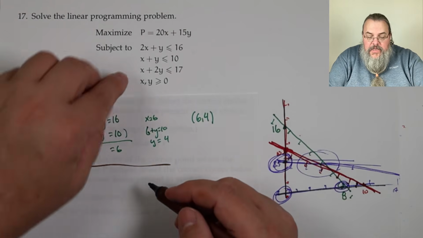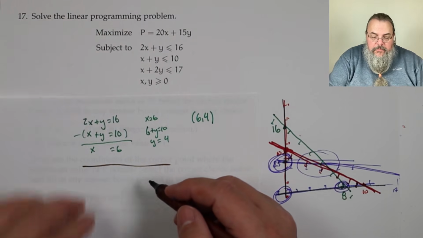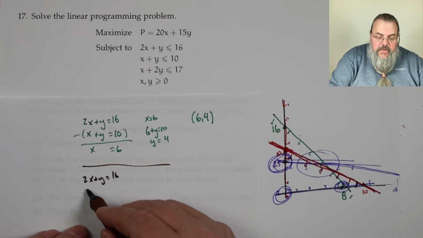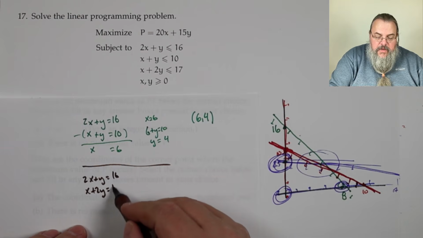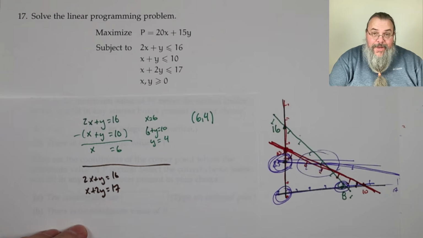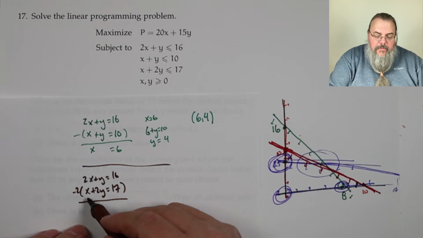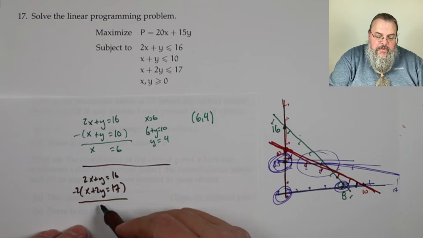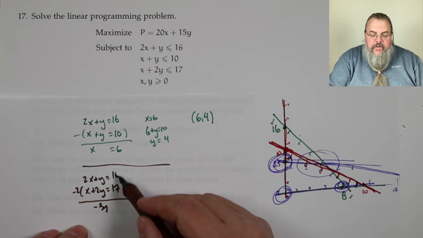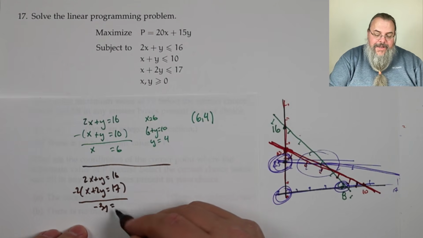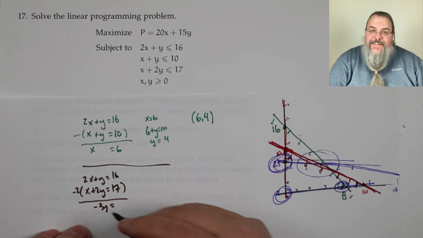Now let's do the next pair: 2x plus y equals 16, and x plus 2y equals 17. It's going to get messy, and I do apologize. Subtract 2 times the second equation: 2x subtract 2x is 0, that's good. y subtract 4y is minus 3y, and 16 subtract 34 is negative 18.